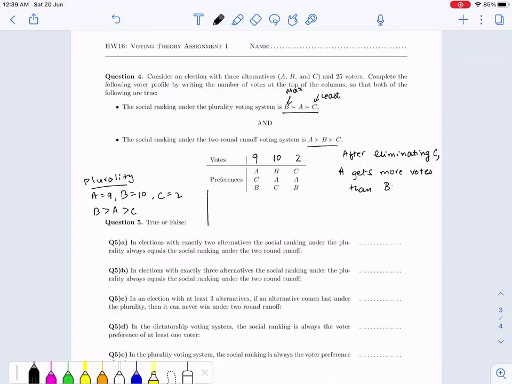But for the two-round runoff, in round 1, you eliminate C. So your new table would look like this.